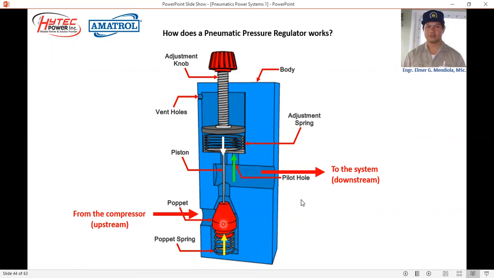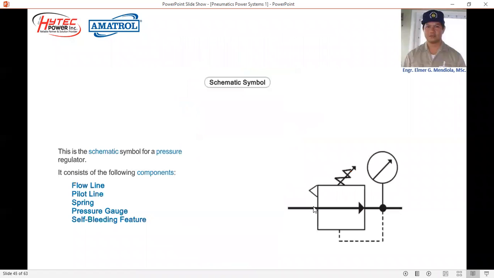Since the piston is connected to the poppet valve, the poppet valve will also move upward until the gap here is closed. So meaning to say, if the downstream pressure or flow of air is blocked, automatically the system will stop, or the flow of air from the upstream to the downstream will be closed through the poppet valve.